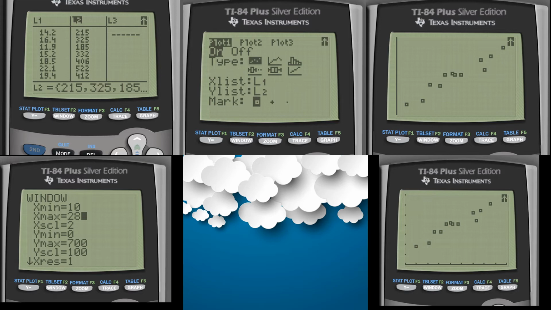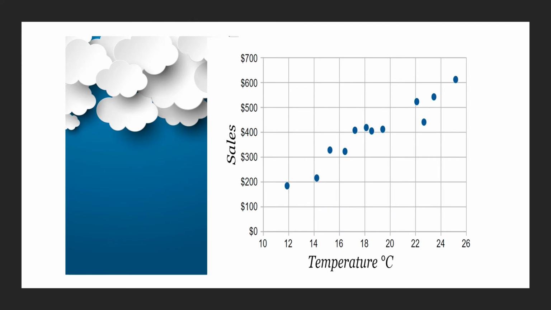So this graph will give us an idea of how you will have a scale on the x-axis and the y-axis by pressing window, and then you can approximate those points and graph them in your notebook. So we get the scatter plot like this using our graphing calculator.